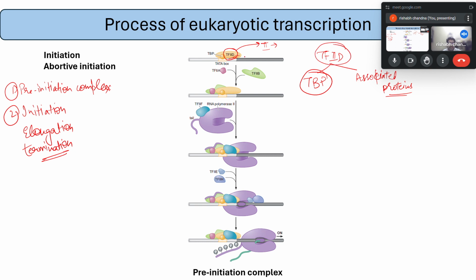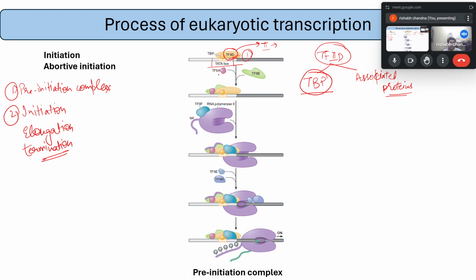So it is a large transcription factor that has two parts. First is the TATA binding protein that recognizes the TATA box. Then apart from the TBP, it has several associated proteins that help in binding as well as stabilizing the TF2D structure. So this was the first transcription factor that binds to the DNA.